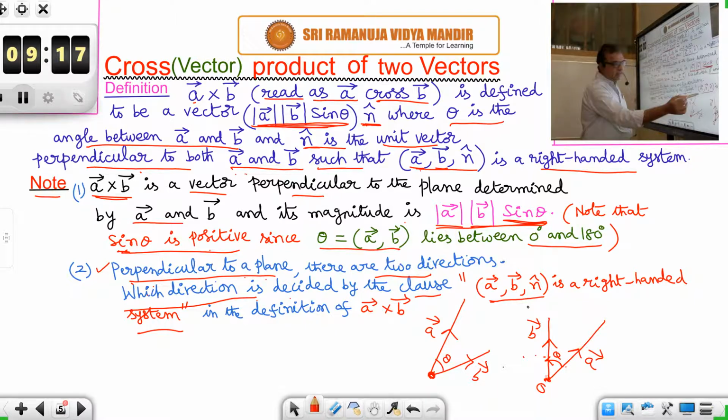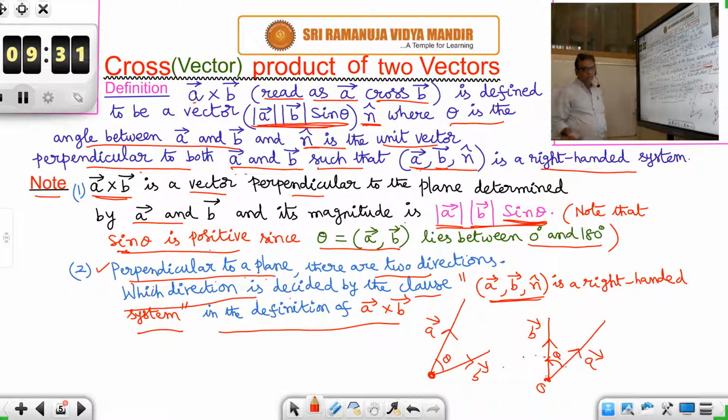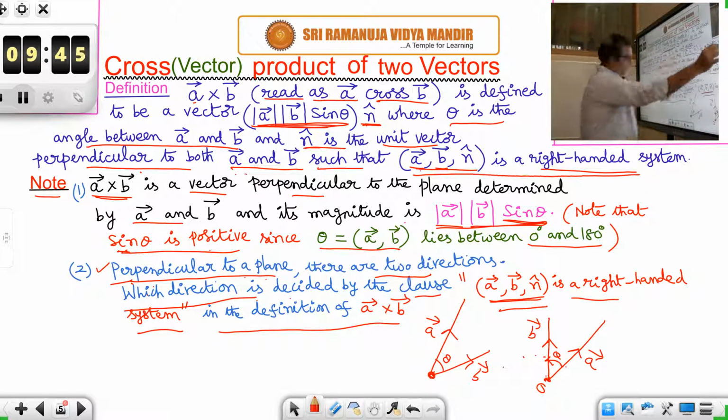They should form a right-handed system. So magnitude is clear, there is no doubt: mod A bar mod B bar sin theta. Direction is perpendicular to the plane of A bar, B bar, but perpendicular to any plane there are two directions. Which direction is decided by this part of the definition: A bar, B bar, n cap is the right-handed system.